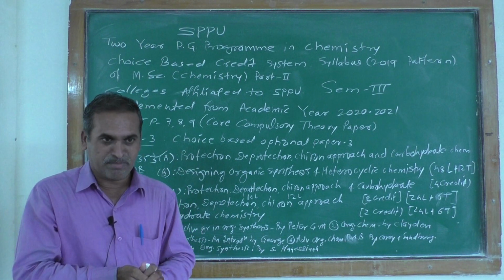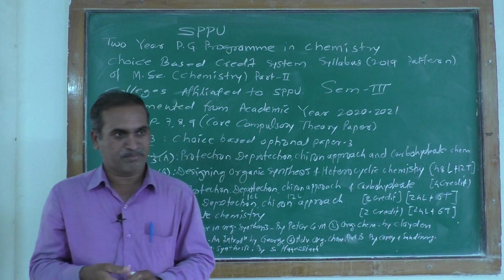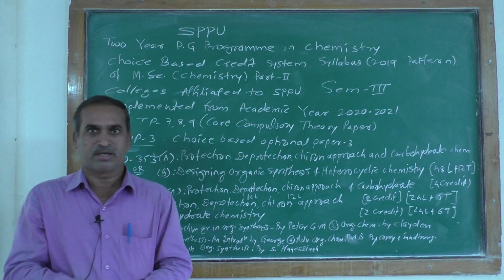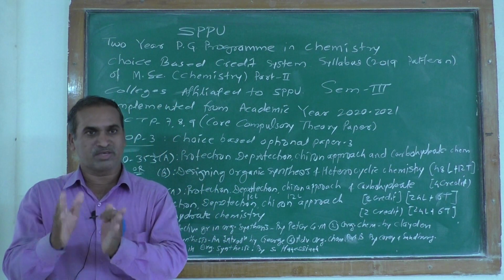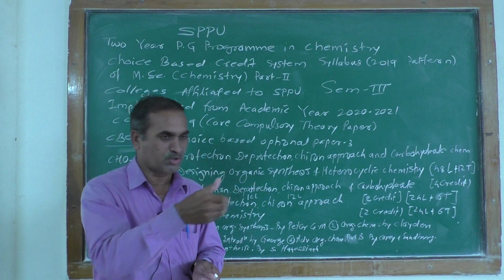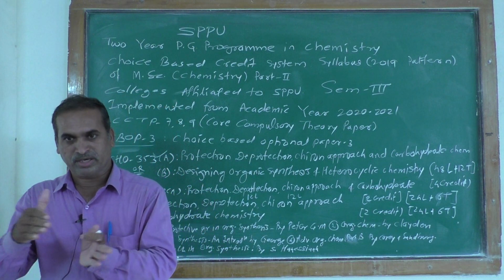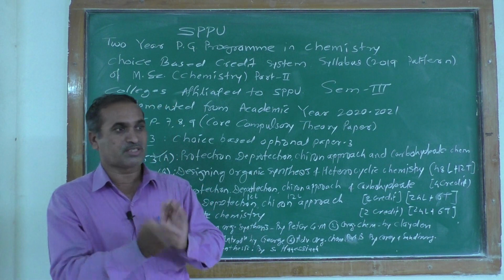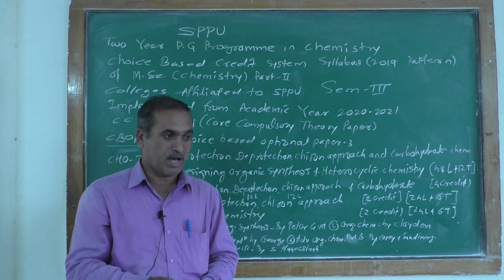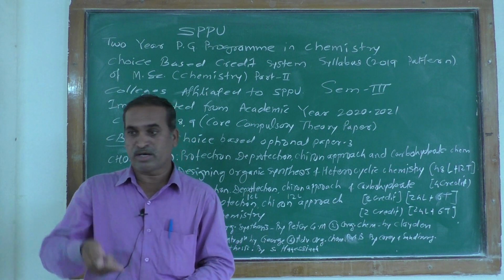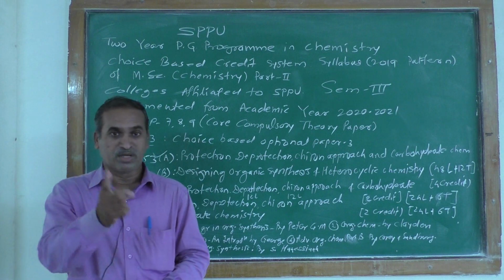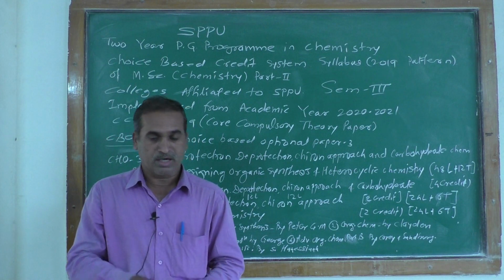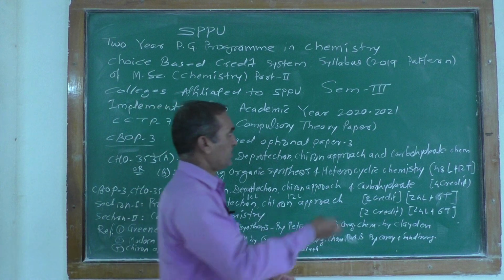So this is a semester system. In the 3rd semester, continuous internal evaluation means tests, tutorials or whatever tests are there. It has a weightage of 30 marks, and your external university exam will be of 70 marks.